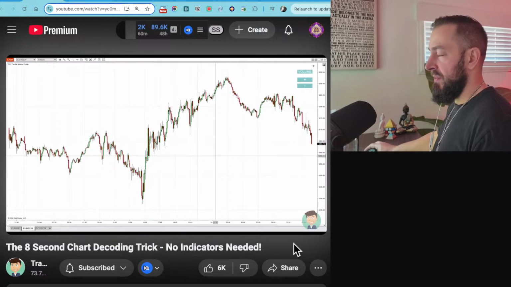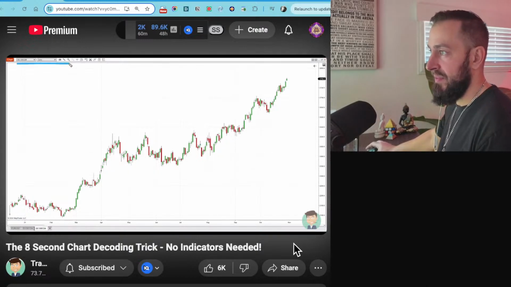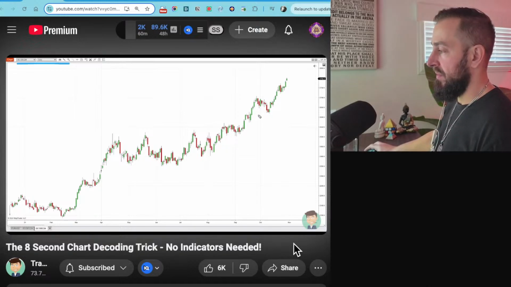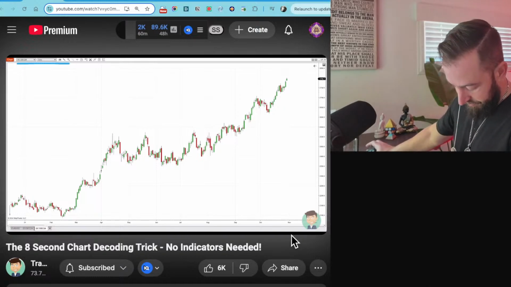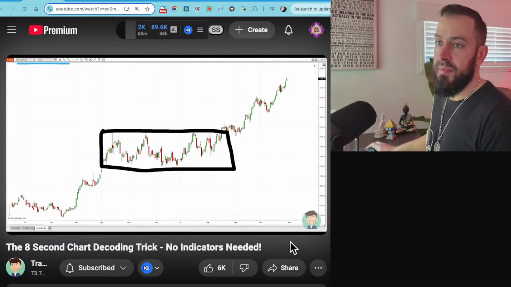Let me do one more example. Let's go to a chart of gold. This is a daily chart. And as you can see, it is way easier to read. It's way calmer because the market sentiment doesn't change that quick as with the fast time frame. In here, we see a very, very long rotation.